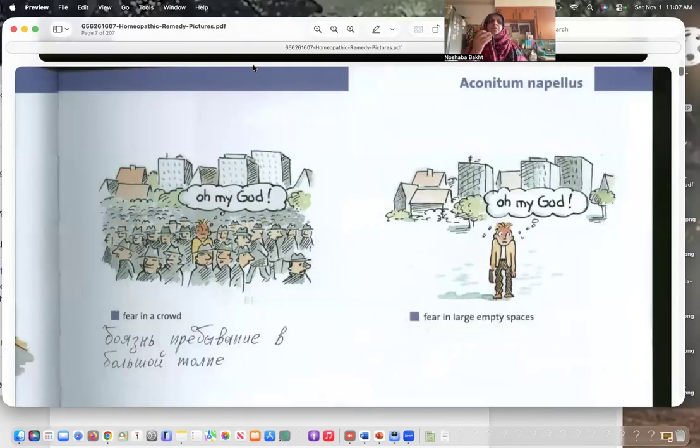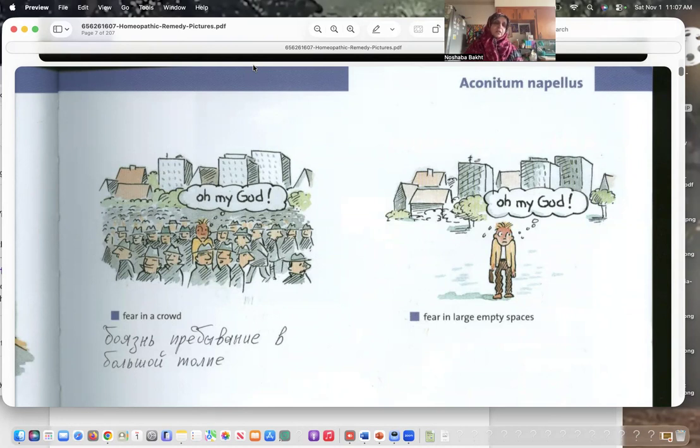I have seen, remember I told you about this one person, he could not fly. He is 30-something, and when he flies, he holds the hand of his 60-year-old aunt because he's so scared.